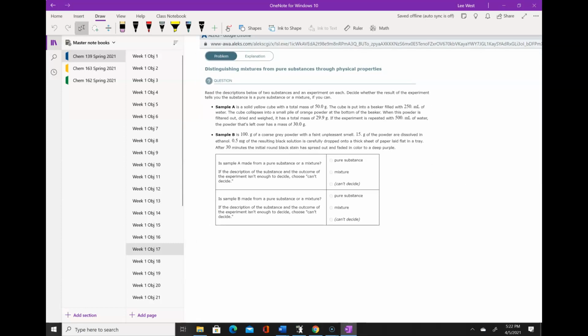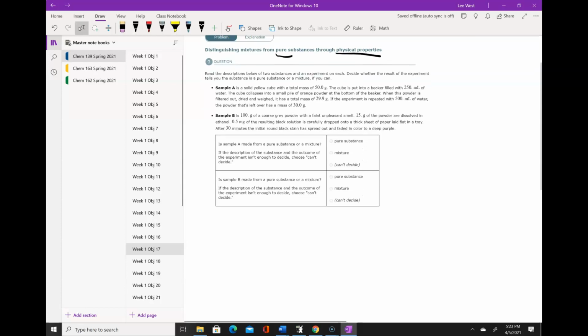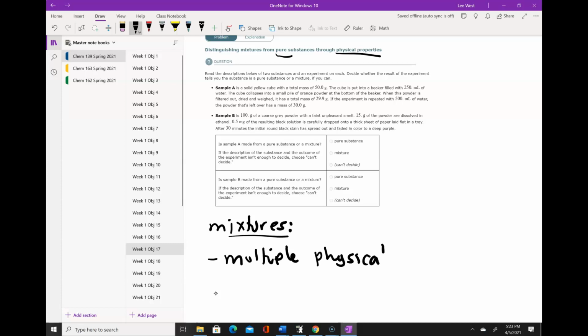Okay. Distinguishing mixtures from pure substances through physical properties. So we have to think about this. Distinguishing mixtures from pure substances. So mixtures have the characteristic that they can have multiple physical properties. Right?